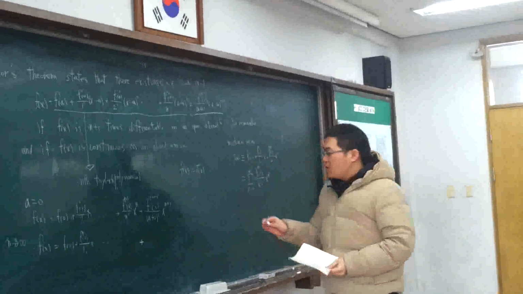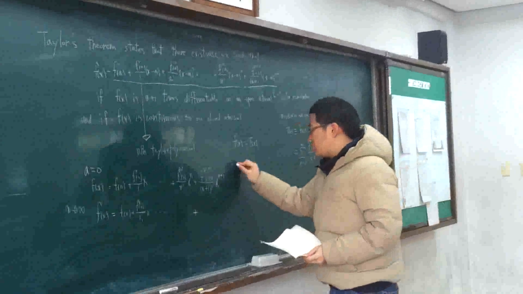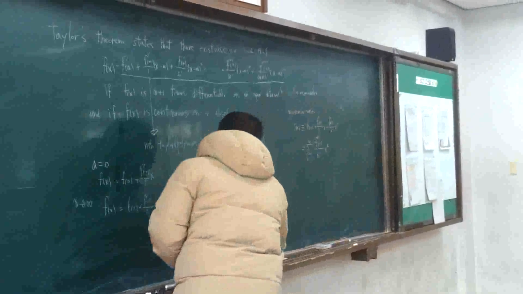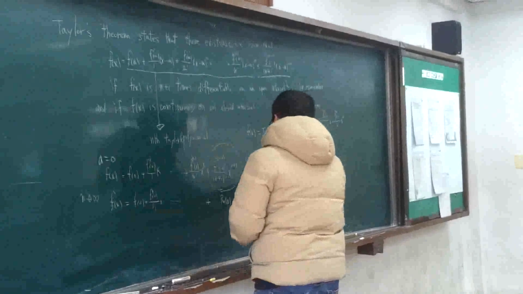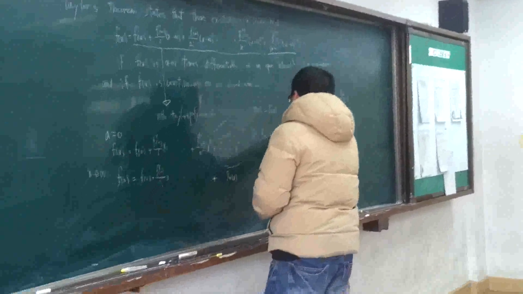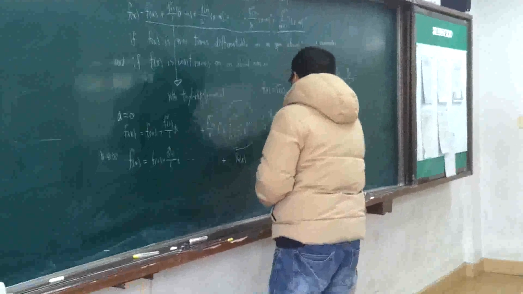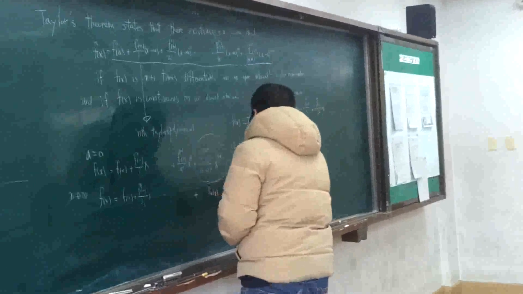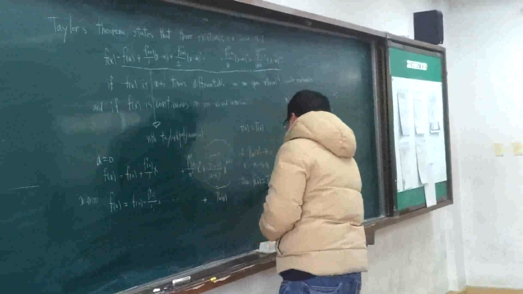In fact, f(x) equals T(x) if the remainder, so let's say this is the remainder term R_n(x), if R_n(x) goes to 0 as n approaches infinity, then we can say f(x) equals T(x).